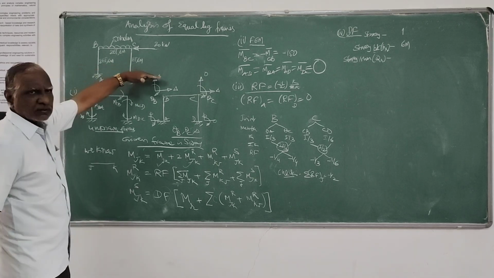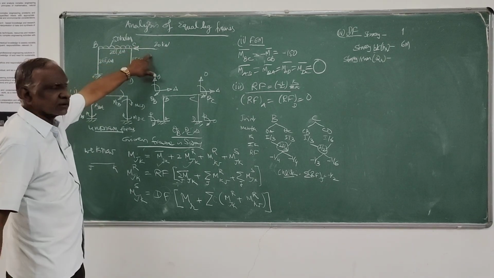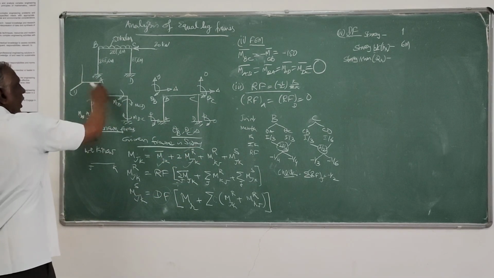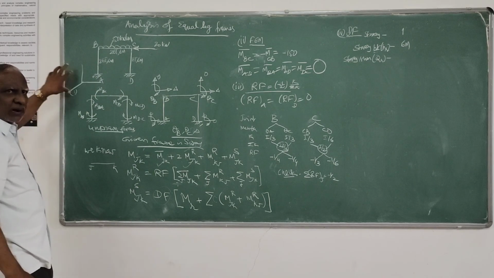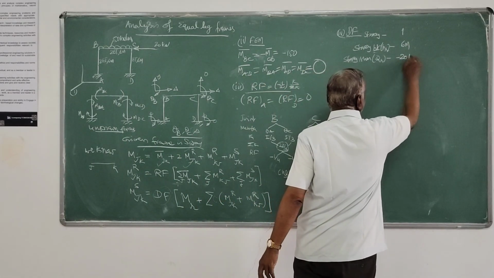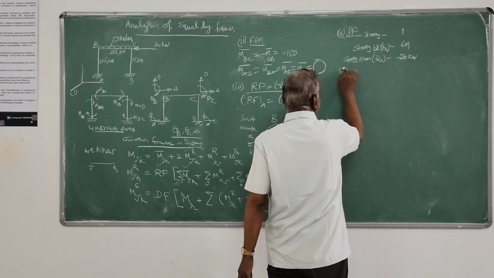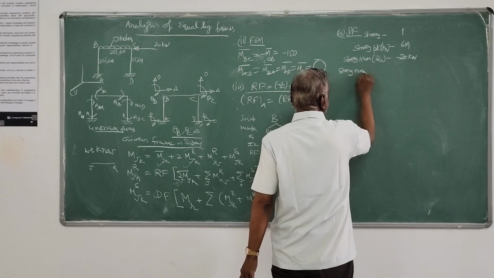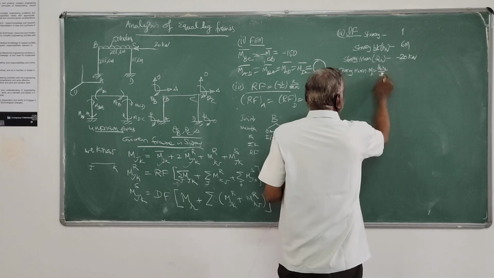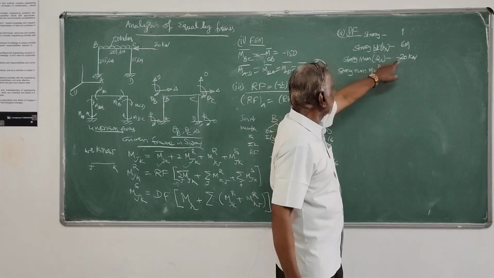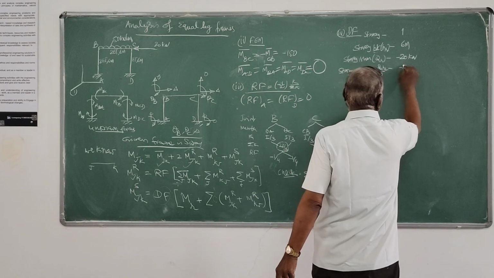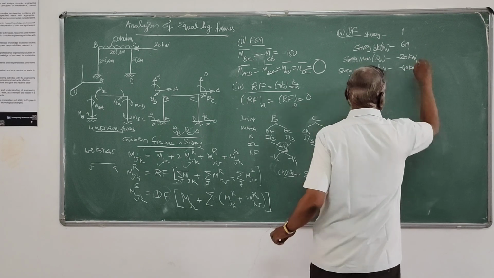Here it is only one story, the sum of horizontal forces is just one load, 20 kilonewtons, that is acting in the opposite direction to the global positive direction. So it is minus, so we have to take it as minus 20 kilonewtons. Then story moment, that is MR, which is QR HR by 3. HR is constant, so QR minus 20 into 6 by 3, it is minus 40 kilonewton meter.